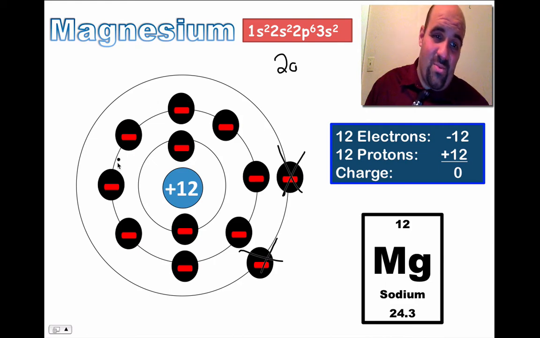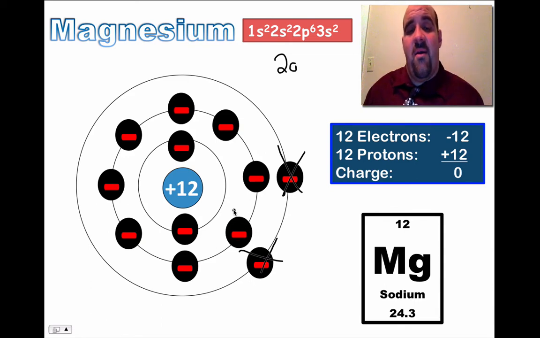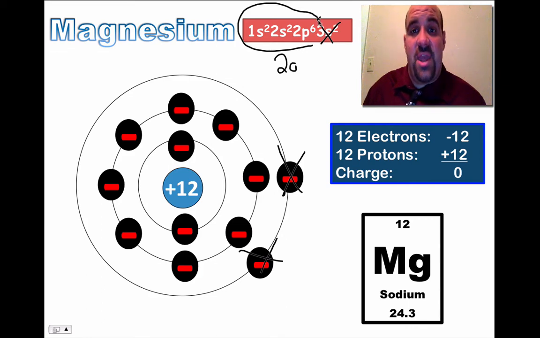So what happens? This next energy level, which will now be the outermost energy level, will be full. It will have a noble gas configuration, the same as neon. Magnesium is going to lose these 2 electrons. It's going to become exactly like neon. It wants to be like the nearest noble gas. That's the Octet Rule.